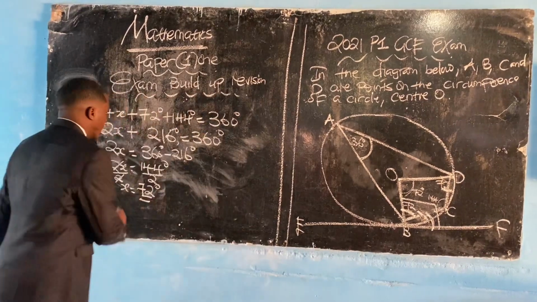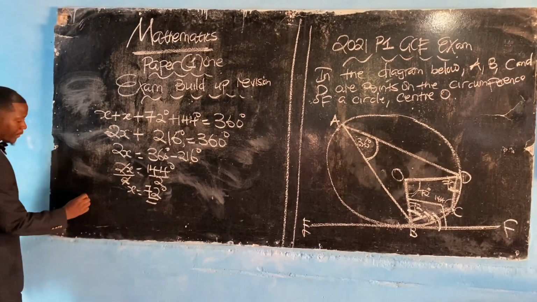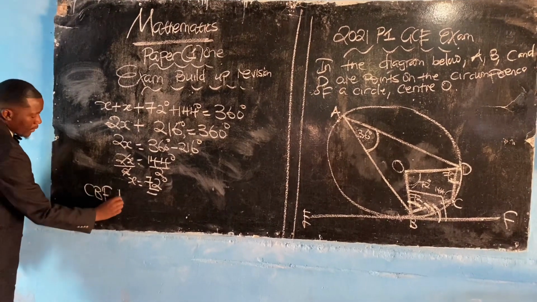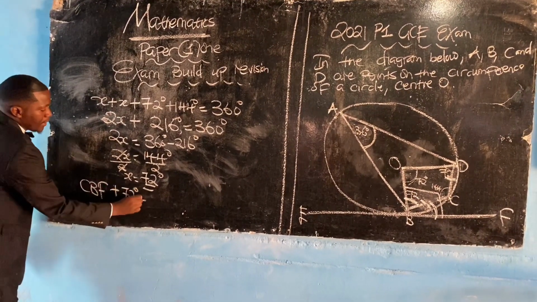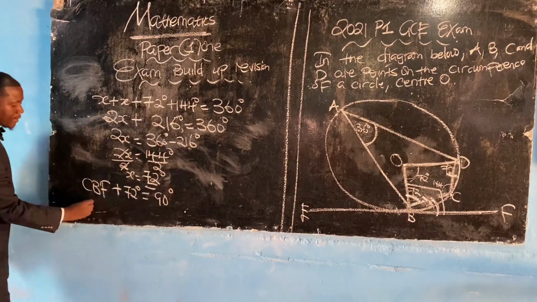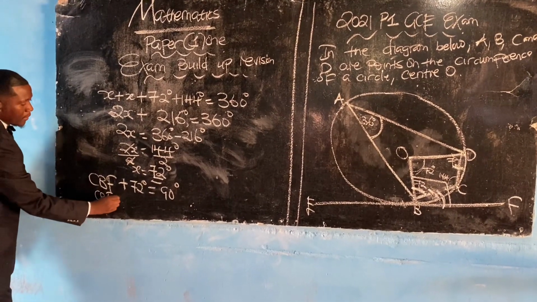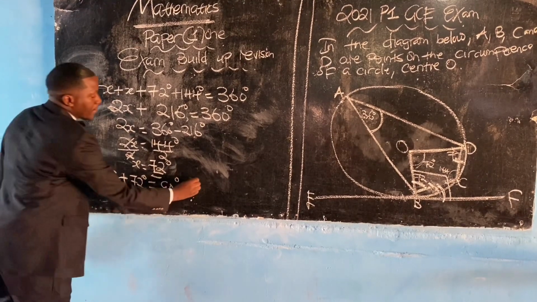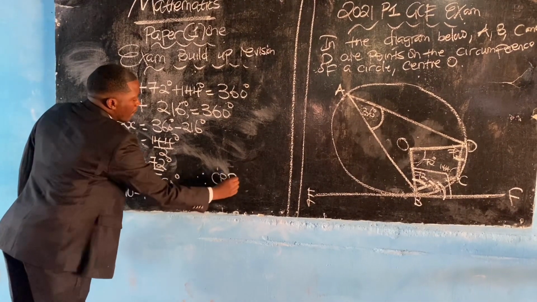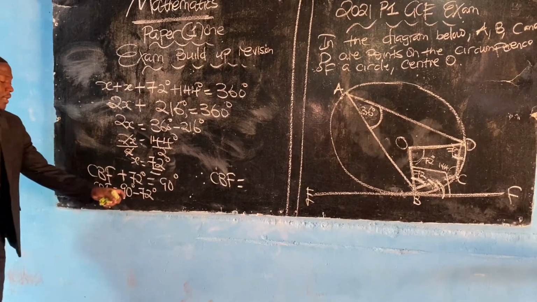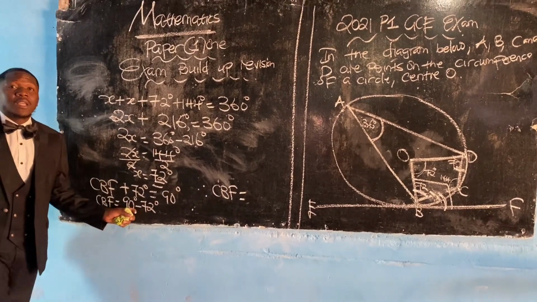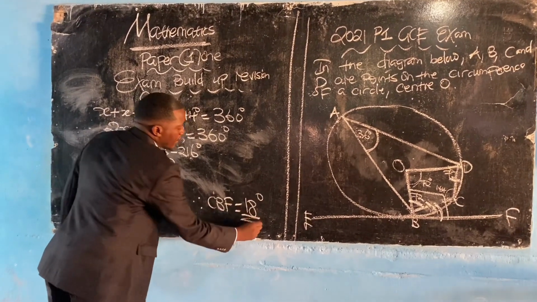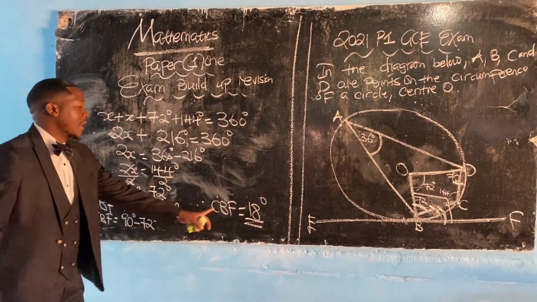Therefore, CBF plus 72 degrees equals 90 degrees. So CBF equals 90 degrees minus 72 degrees, which simply gives us 18 degrees. So this is the final answer, CBF.